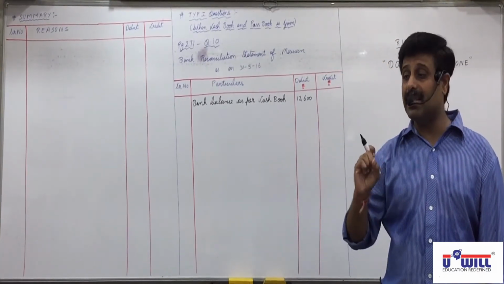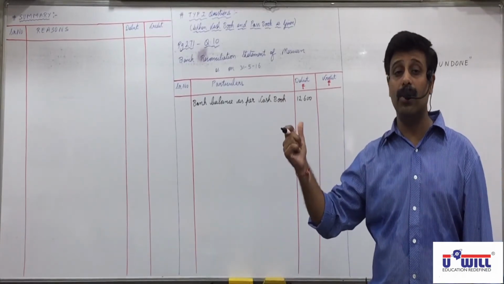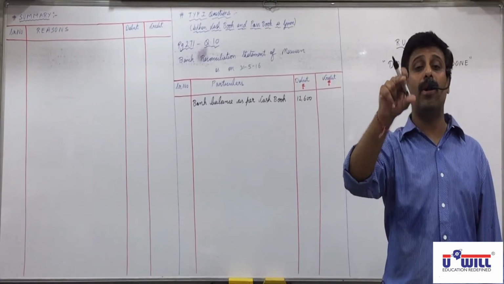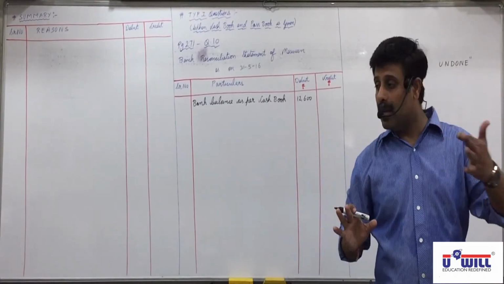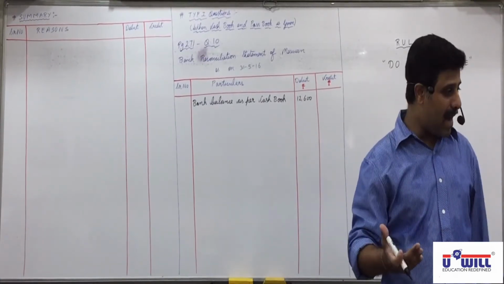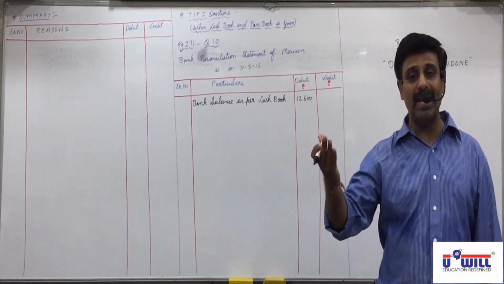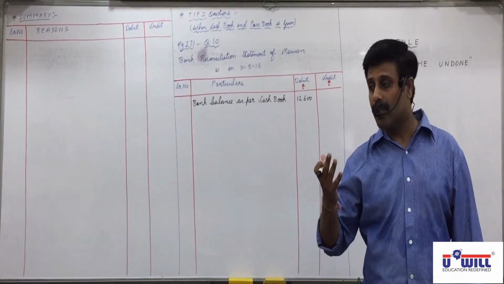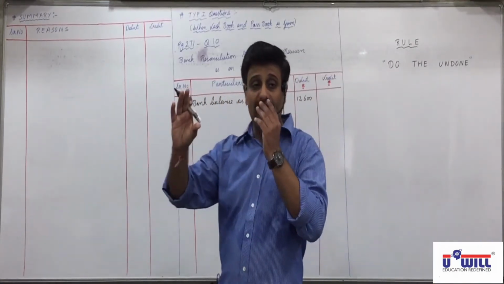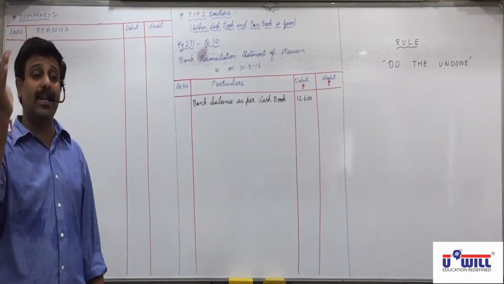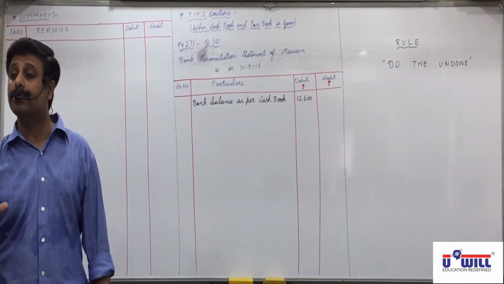So what is the reason these two are not appearing in the passbook? The bank has not collected the amount of these two. Maybe we deposited very late in the bank, maybe at the end of the month, so it will come in 1 to 2 days of the next month. So what reason will you write for these two checks deposited in the bank but not yet collected by the bank?